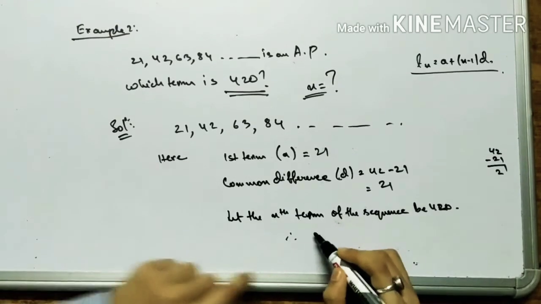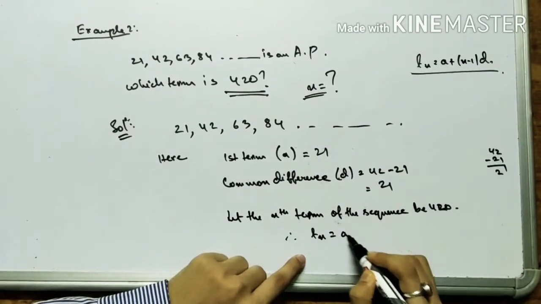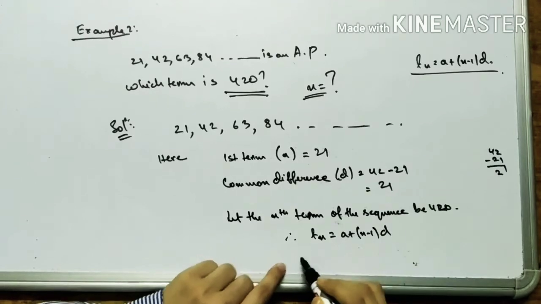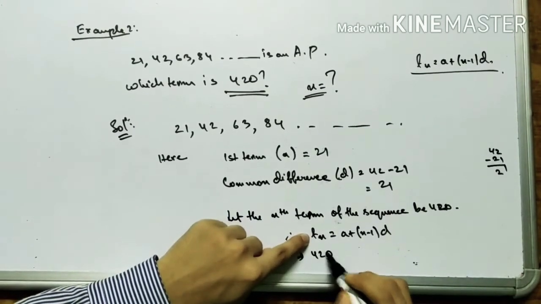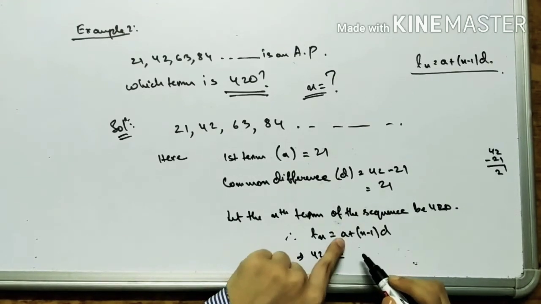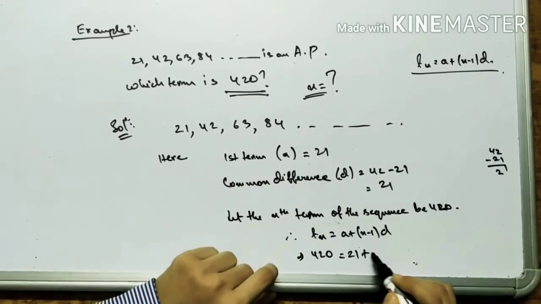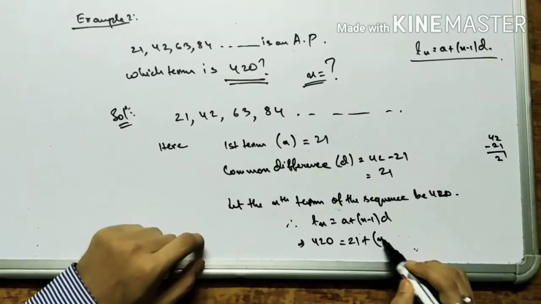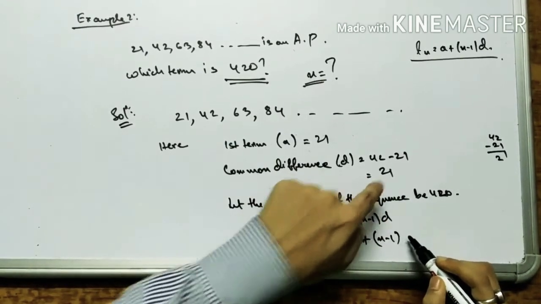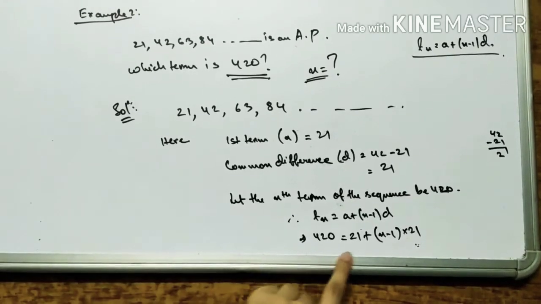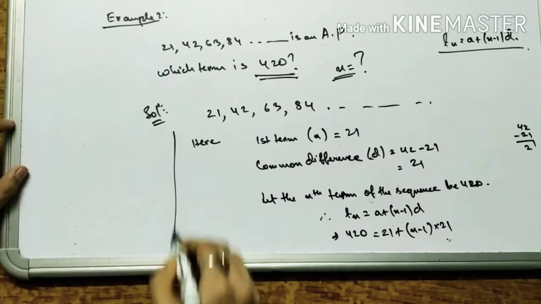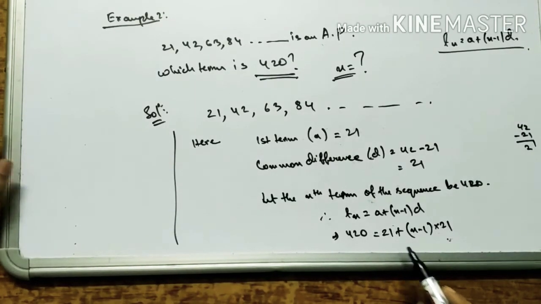So therefore first of all you write the formula Tn is equals to a plus n minus 1 d. Tn value I have taken as 420, so in place of Tn I will write 420 is equals to a, first term it is 21, and n value I don't know, so n minus 1, and common difference I have taken out, this is 21. So 420 is equals to 21 plus n minus 1 into 21. Now I will have to solve it and find the value of n.